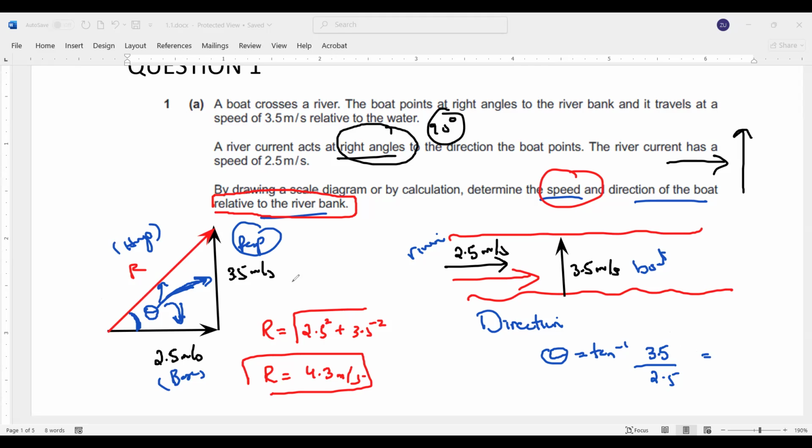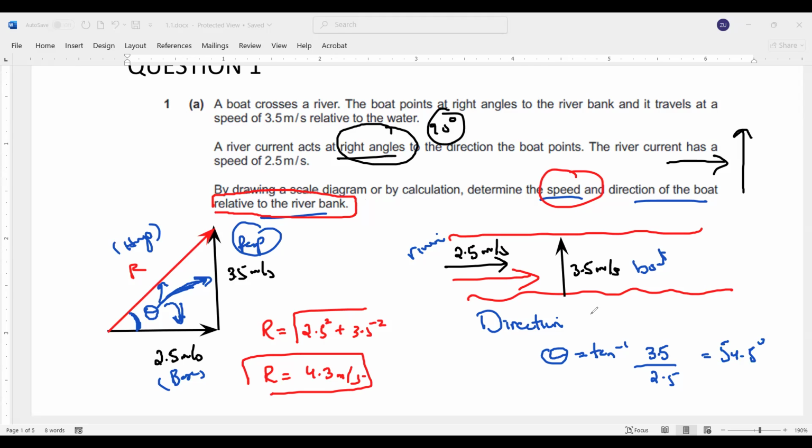So shift tan inverse 3.5 divided by 2.5. 2.5 is the base. When you solve, you'll get 54.5.